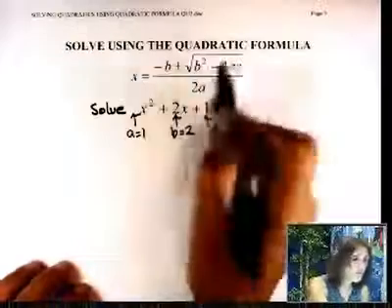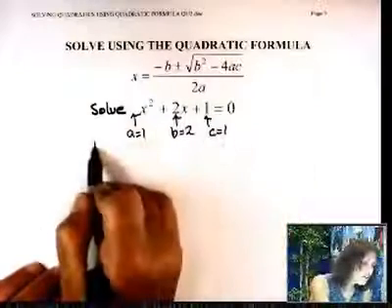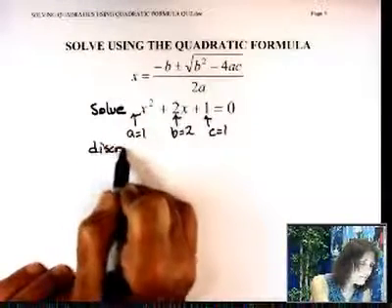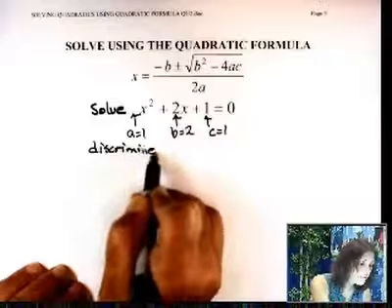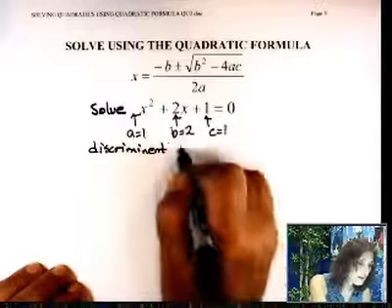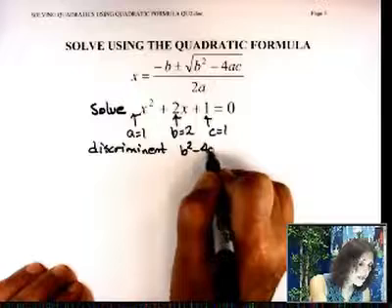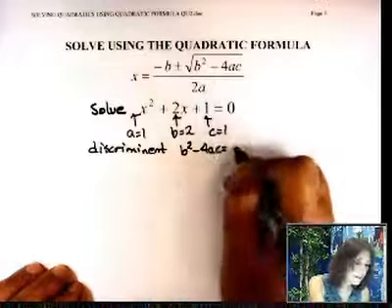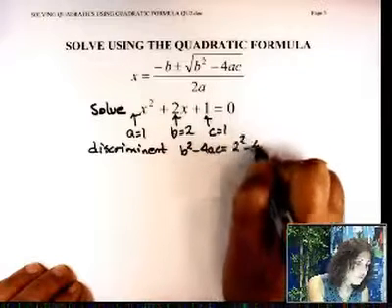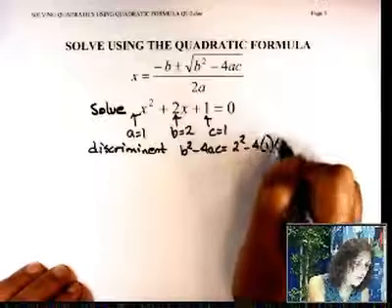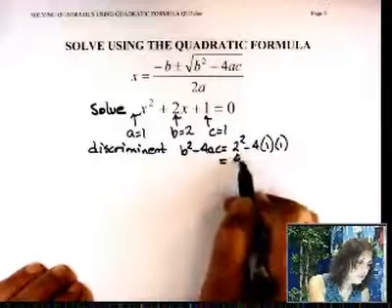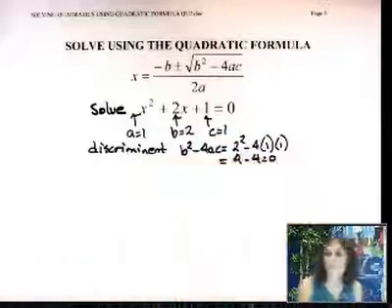Next thing, write what's in this radical. That's called the discriminant: b squared minus 4ac. b squared is 2 squared minus 4, a is 1, c is 1. This one is 4 minus 4, that's 0.